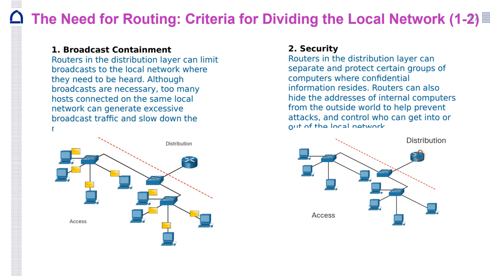Too many hosts and too many broadcasts will generate excessive broadcast traffic and slow the network. Also for security, it separates and protects certain groups of computers where confidential information resides. Also, it can hide the addresses of internal computers. So that's why you need to do routing. Very important slide.